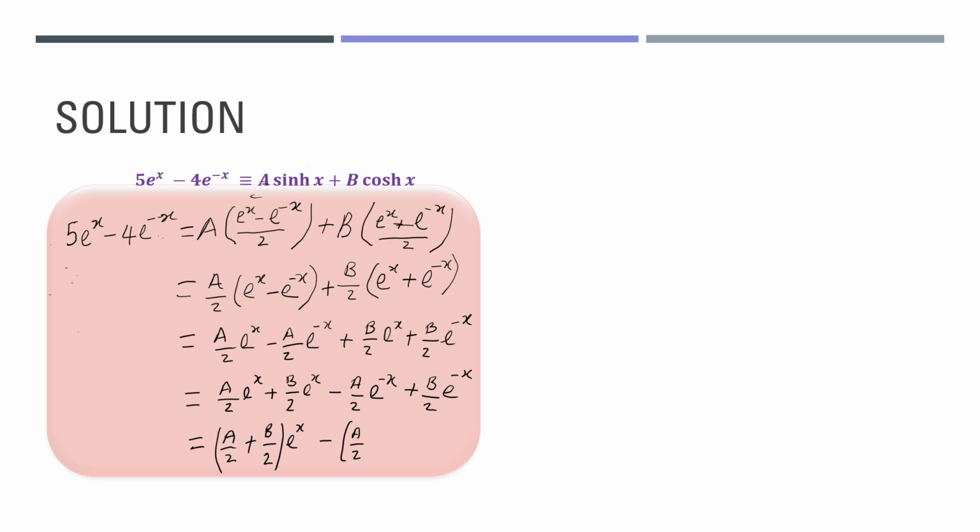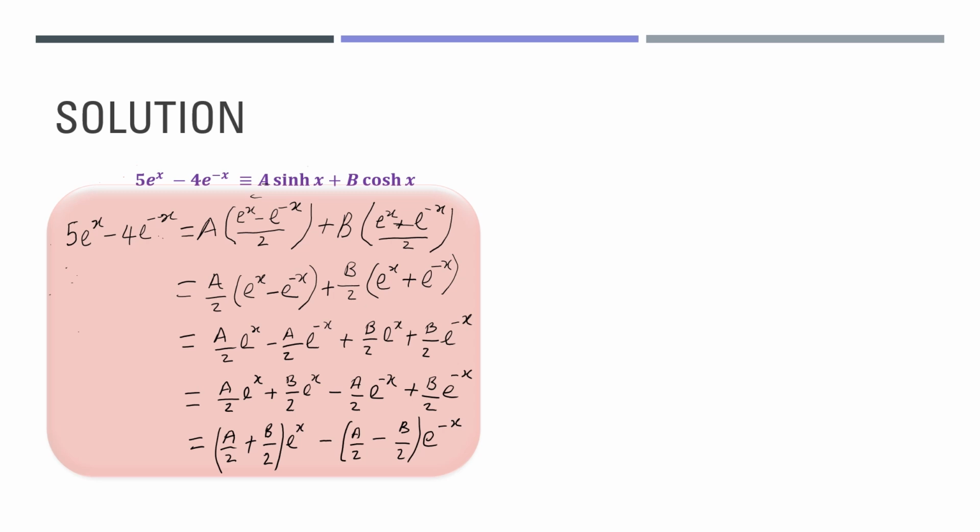Now because this is plus, we're going to put minus here, because minus times minus is going to give us the plus here, and then plus b over 2) e^(-x).